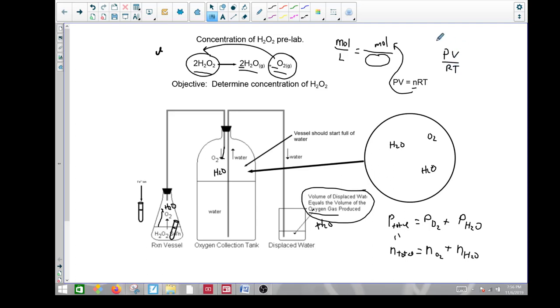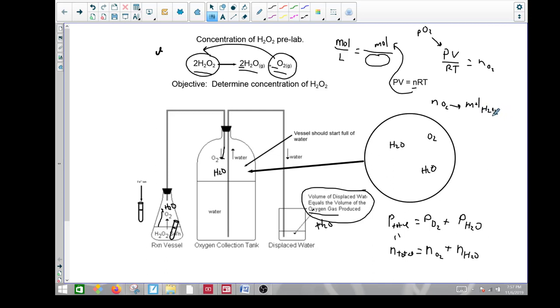And keep in mind, if you put the total pressure inside here, then you're going to get the total moles. If you put the partial pressure of just the O2 in there, you're going to get the moles of O2.